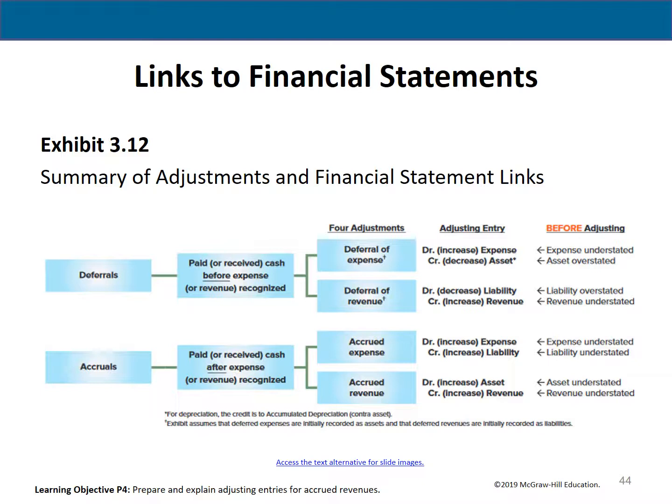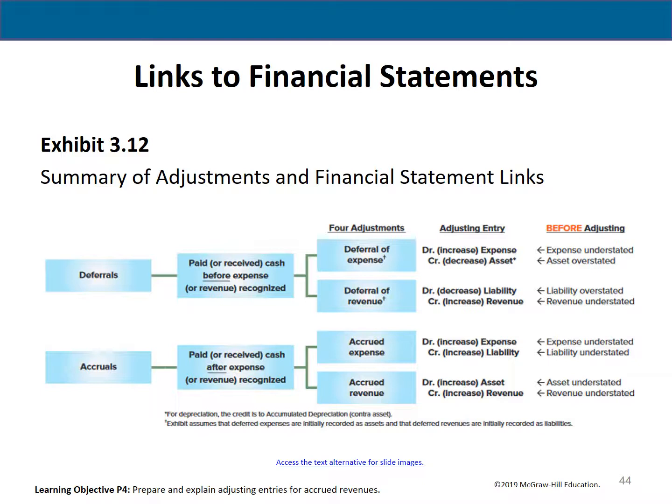So you could see what this adjusting process does. It's rooted in the revenue recognition and expense recognition principle from the beginning of the chapter. Record revenues when they're earned, record expenses when they occur. During the adjusting journal entry process, we are looking for missing revenues and missing expenses.